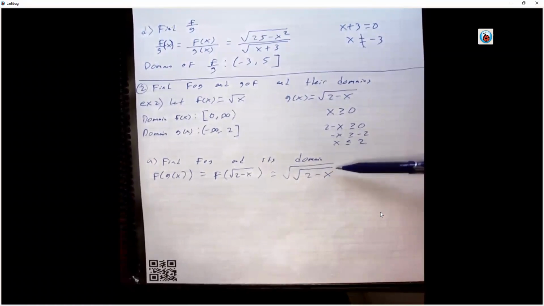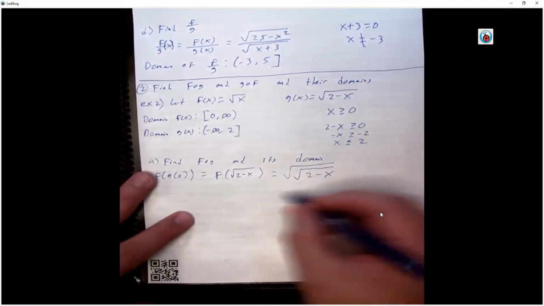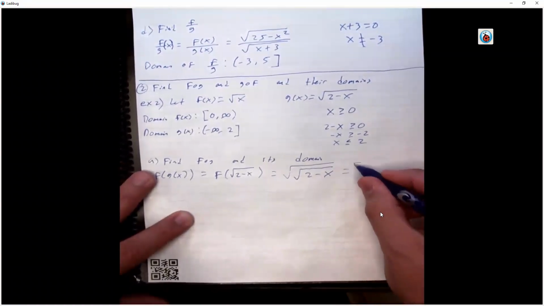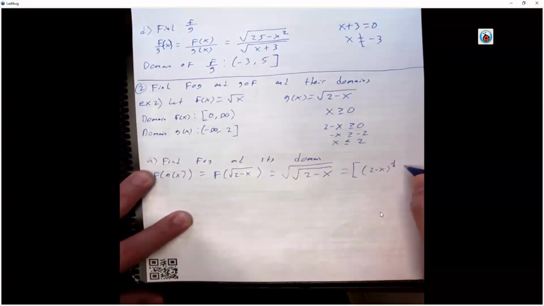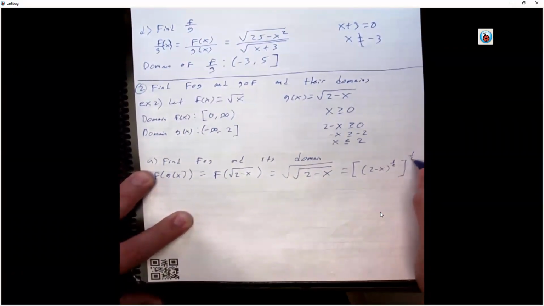Do you remember what roots are? As powers. Yeah, so this is simply a 1/2 to another half, right? So we think of it this way. That's 2 minus x to the 1/2, and then again, 1/2.